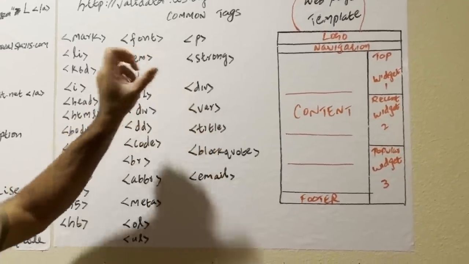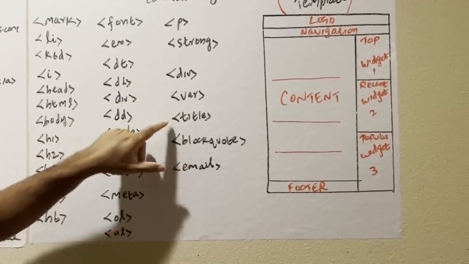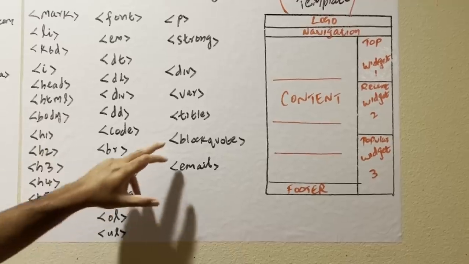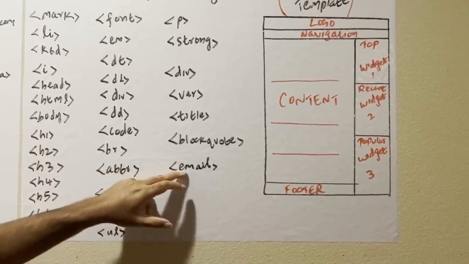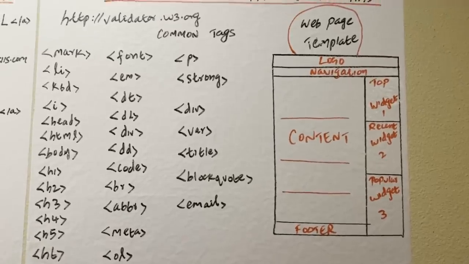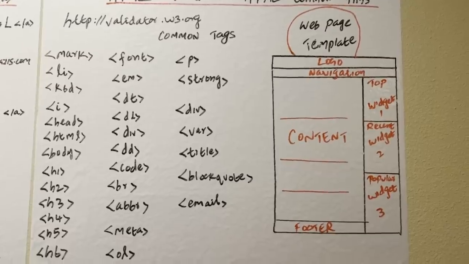Strong is for bold letters, DIV we already saw. VAR, title, meta, these go under the HTML headers. Block quote, that's the email tag. So these are common tags we use every day in any program. There are some others too, those are advanced, I'll talk about them later.